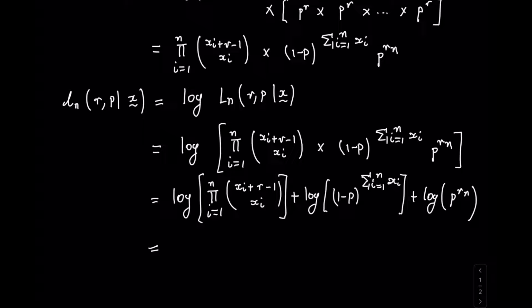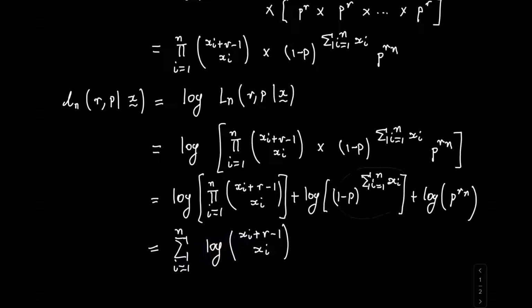Now remember, we know that the log of a product of terms is going to be equal to the sum, i equals 1 to n, of the log of each of the terms inside the original product. So we can rewrite this first expression as the sum of logs. Log of a product is the sum of logs, in some sense.